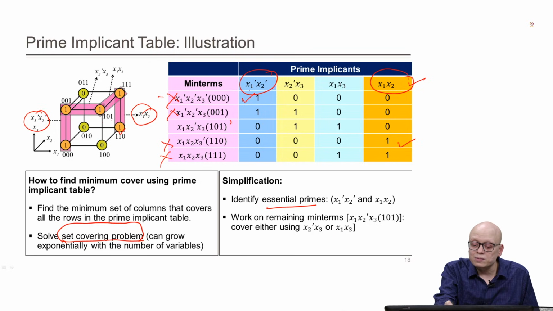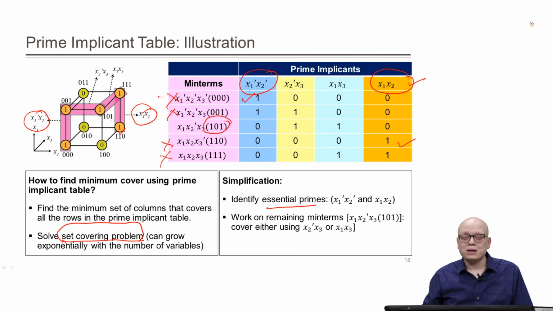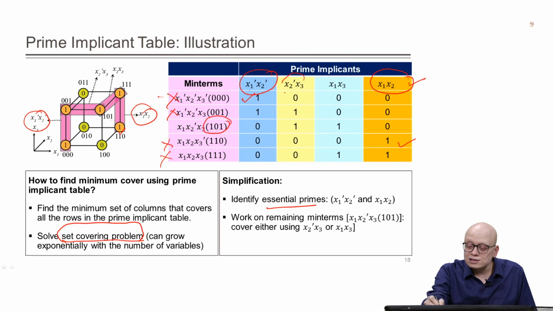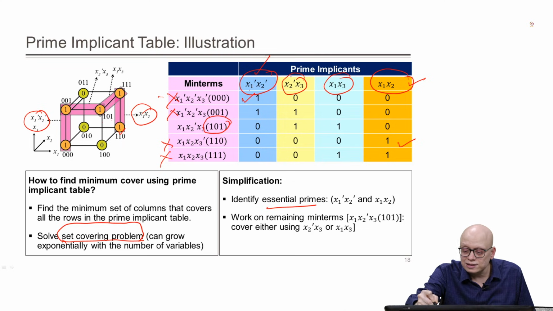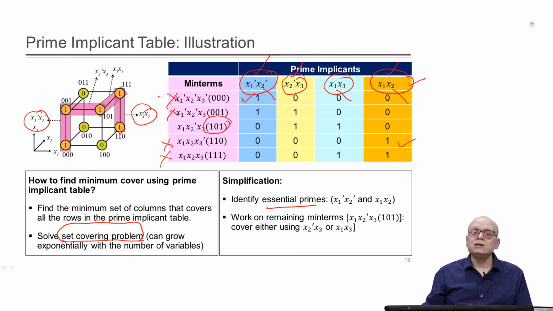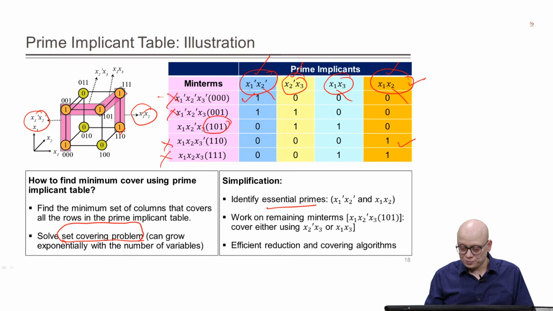In this case the remaining minterm is only 101. For 101 we can take either this or this, any of that will do. So, we can take the cover as this, this and this, or we can take this, this and this. There are two possible minimum covers in this case.